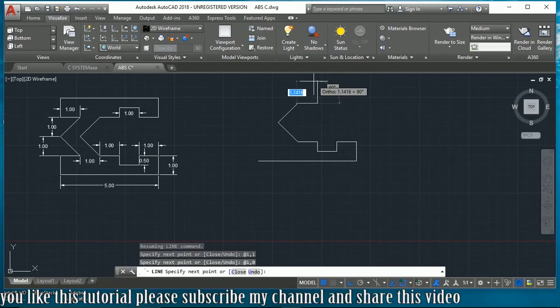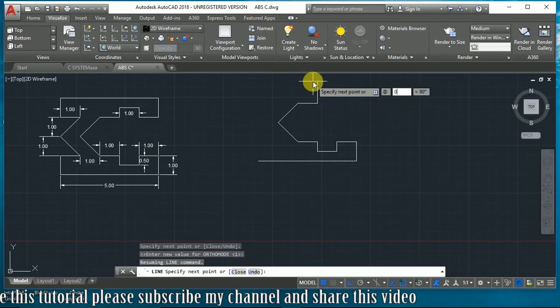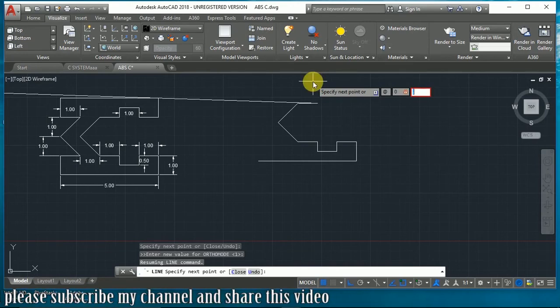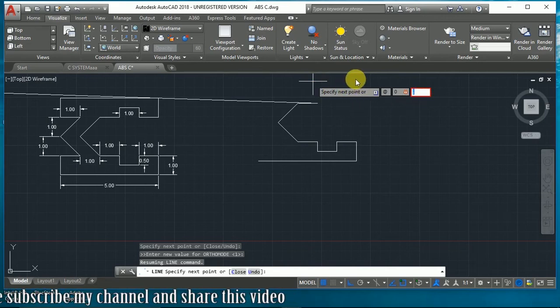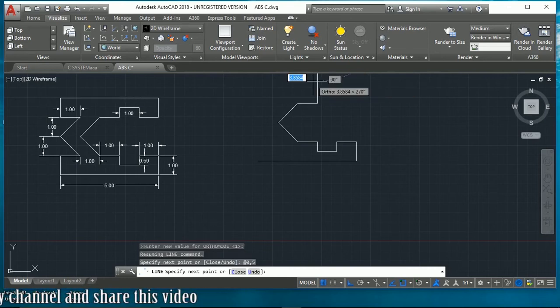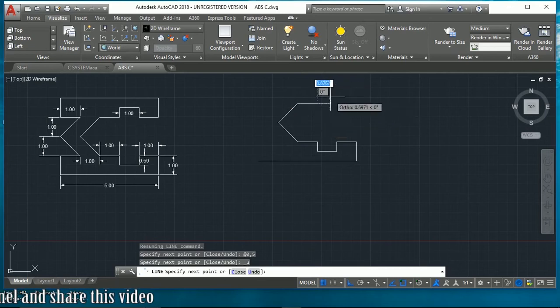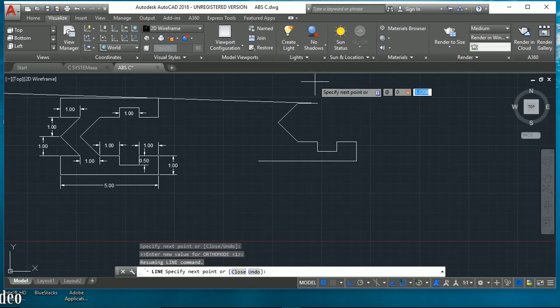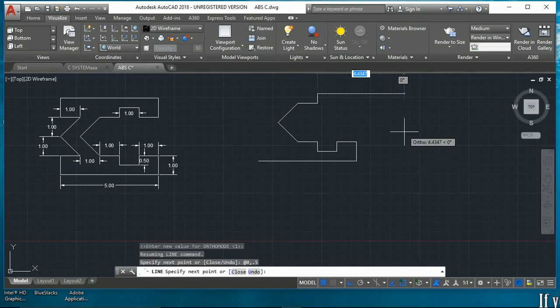Next point, x value 0, at the rate x equals 0, y equals 0.5. At the rate x equals 0 comma y equals 0.5, and the next point, x value 1, y value 0, at the rate 1 comma 0, enter.